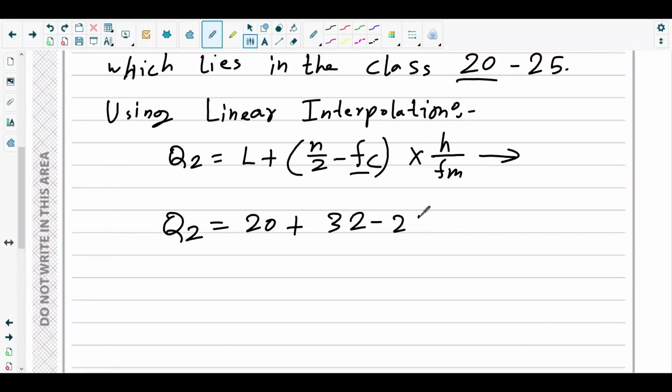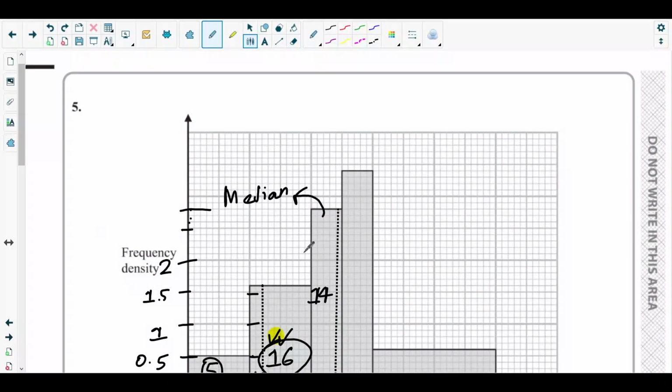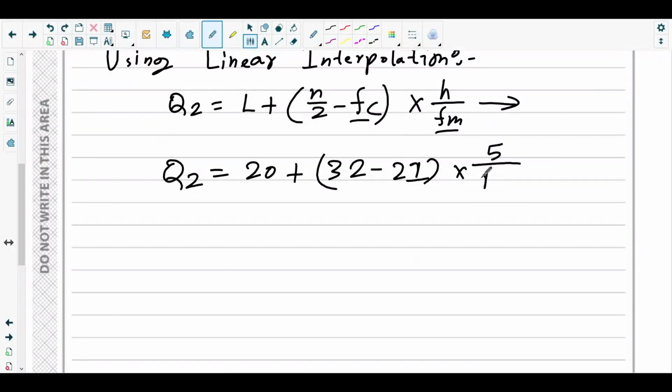So 32 minus 21, times H. H is the class width of the median class, which is 5, over Fm. Fm is the frequency of the median class, which we got here as 14. Okay, so that's the interpolation formula. You can use it directly.